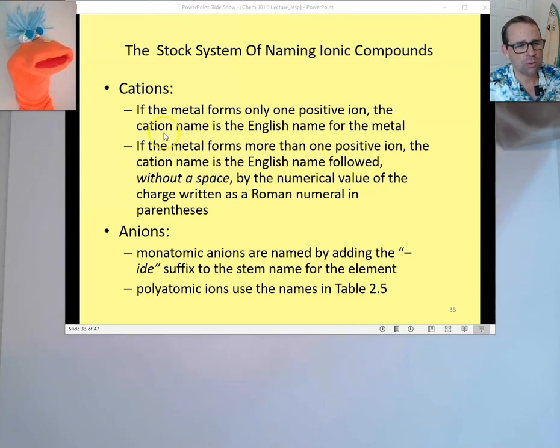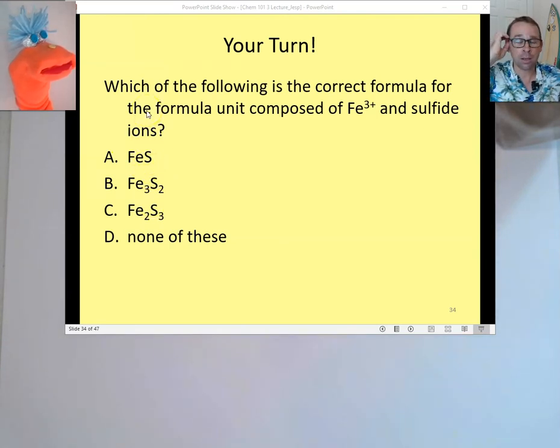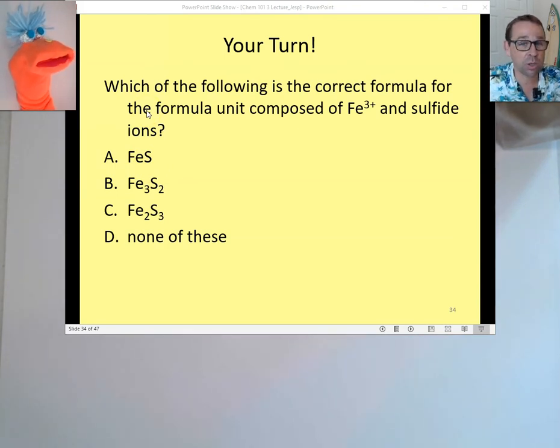Okay? So, for example, if I have a compound like this, FeS, Fe, do you know what Fe is? Iron. And S? Sulfur. So we have iron sulfide. All of these are different forms of iron sulfide. Okay? But iron can form a +2 charge or it can form a +3 charge.